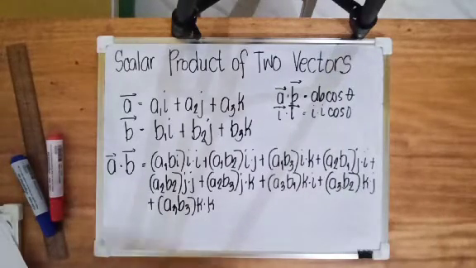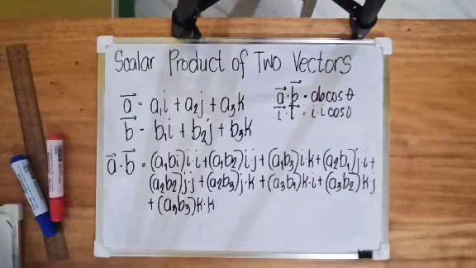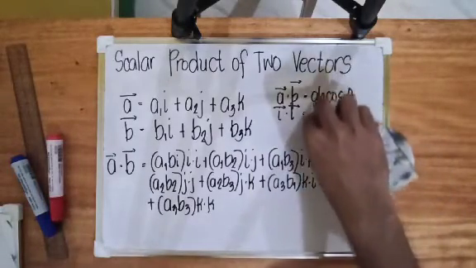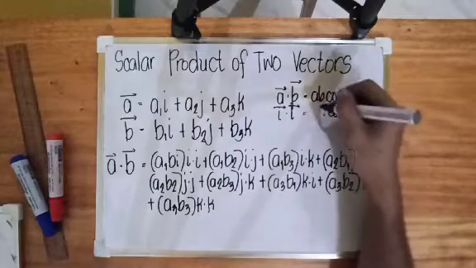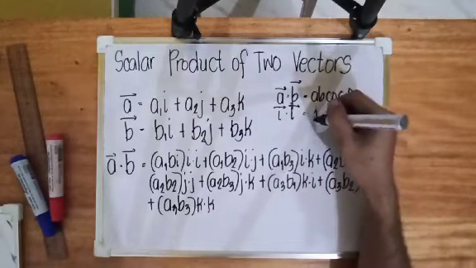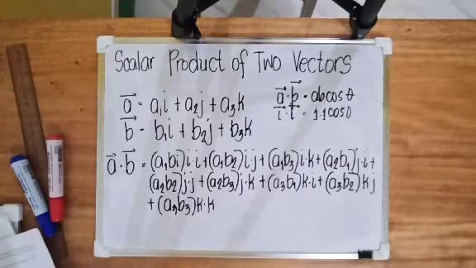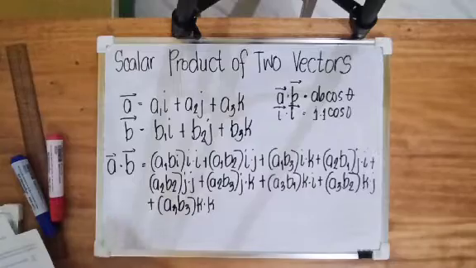So the value of I times I cos 0 is 1, because earlier we said a unit vector has a magnitude of 1 with no units.